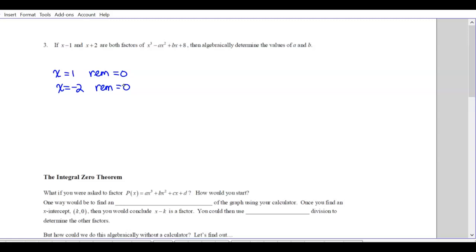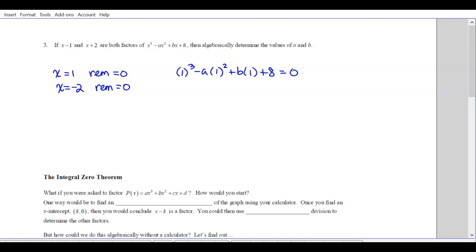Notice how it's not called anything. It's not called p of x. If you want to name it, you can. Or you can just show that when you substitute 1 cubed minus a times 1 squared plus b times 1 plus 8, that's equal to 0.